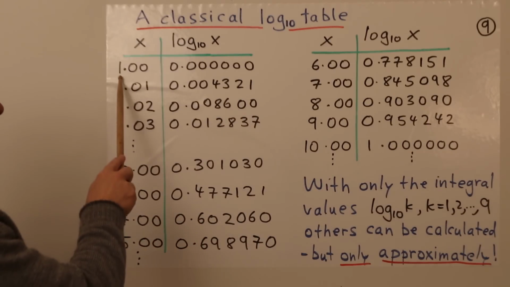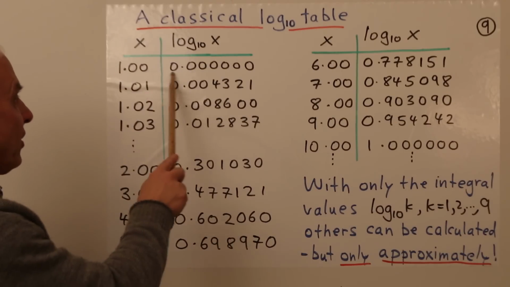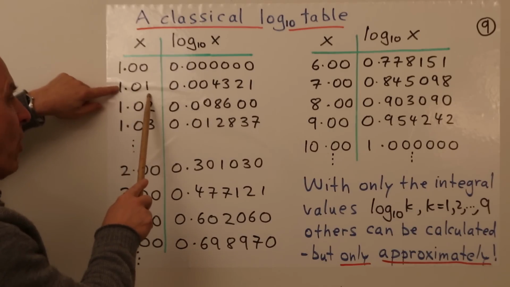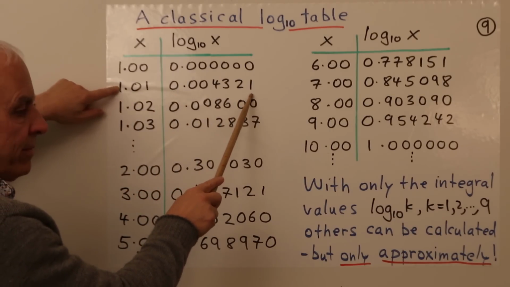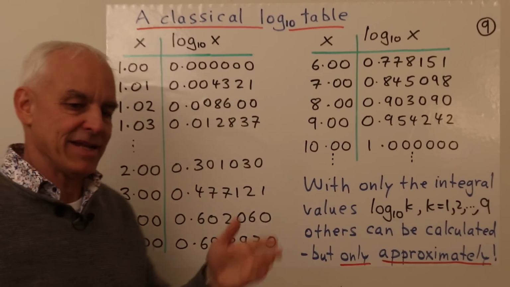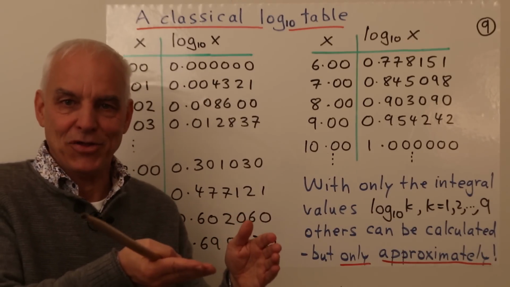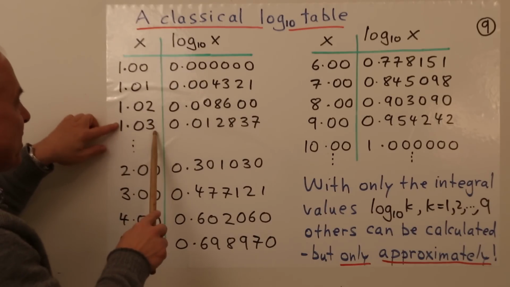Okay, so when x is 1, namely the x coordinate is 1, then the log is 0. When x is 1.01, we get 0.004321. So that's less than about half of what we had before, because we have to divide by the log 10. Okay, and then 1.02, 1.03, and so on.